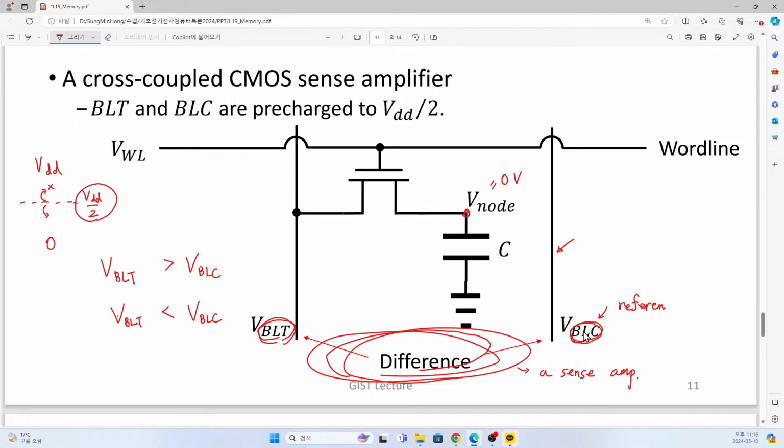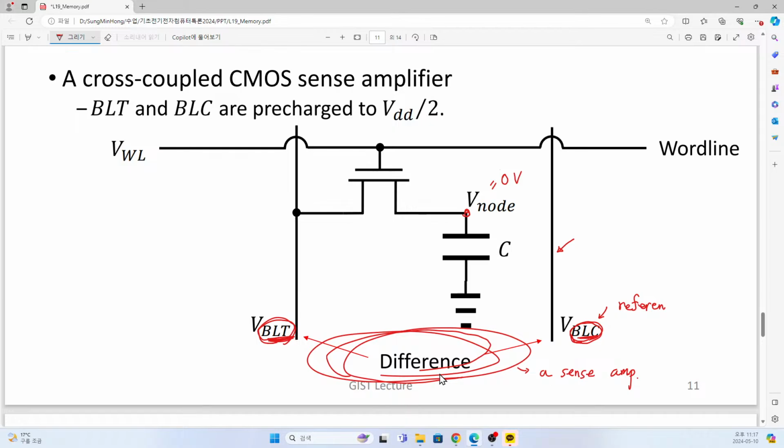So by using this BLC, we can make a fair comparison for that node. Now you understand. Taking the difference between these two bit line voltages, we can detect the value.